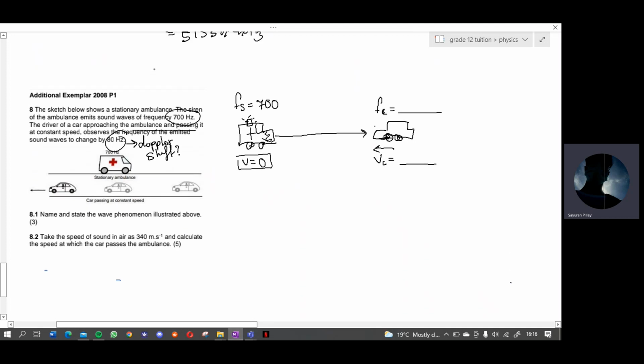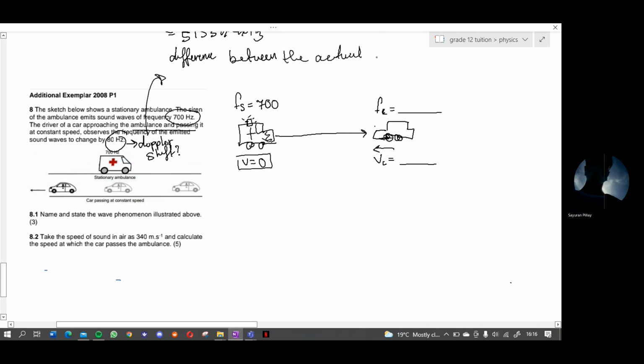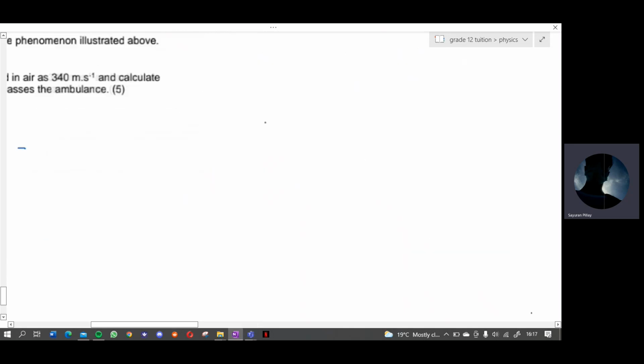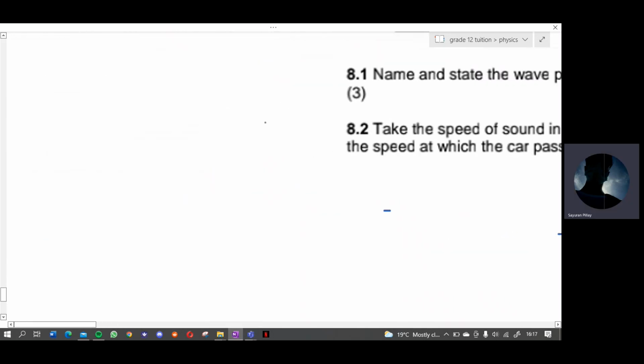I'll do a quick theoretical approach here. The Doppler shift is simply the difference between the actual and the emitted frequencies. Okay, what does that mean?